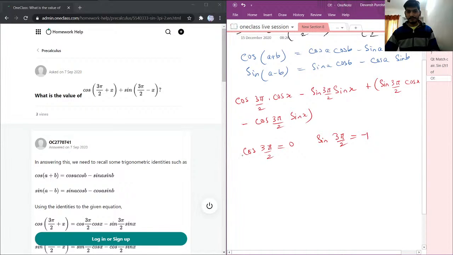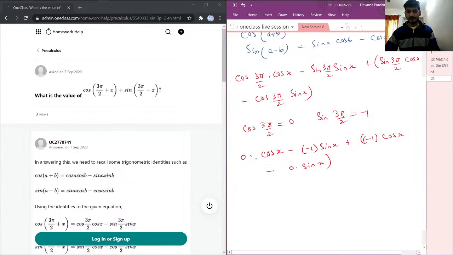We'll just substitute these values back into this equation: 0 into cosine x, minus -1 times sine x, plus -1 times cosine x, minus 0 times sine x. So this will be 0, this will be sine, this will be cosine.